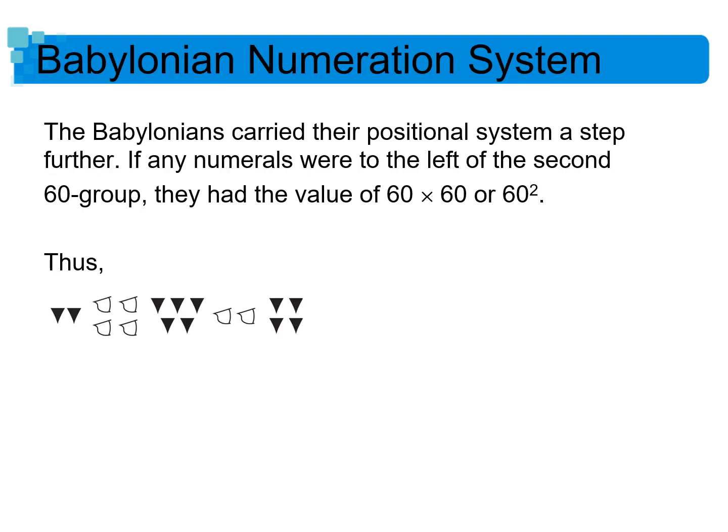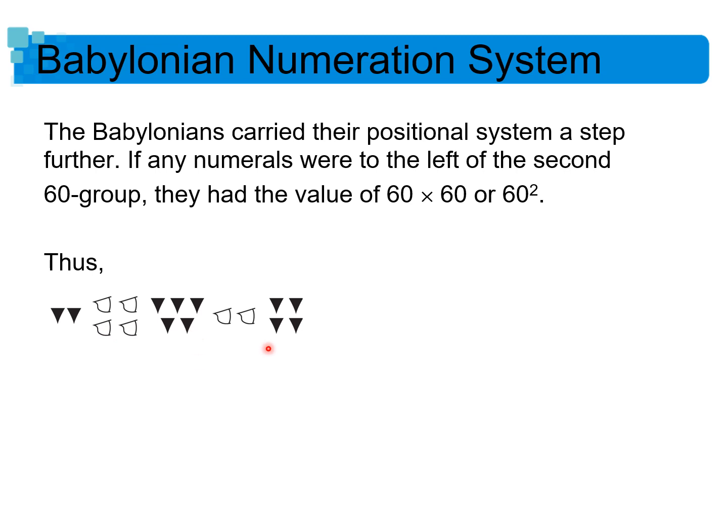If the Babylonians weren't interesting enough in the way that they did their groupings, they actually added a second set of repeating, and if they repeated these figures again, it actually represented 60 squared. So let's take a look at how this works out.